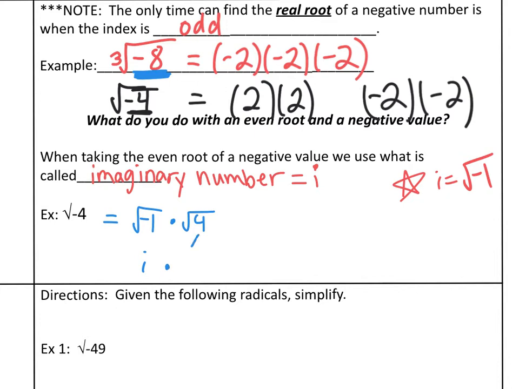And then 4, what does that break down to? 2 and 2. What's my index on that? It's not written, but it's just 2, right? So I need 2 of the same number. Do I have it? Yep, and it is 2. So this is just i times 2. To write it more properly, I'm going to write 2i. So don't write i2, write 2i.